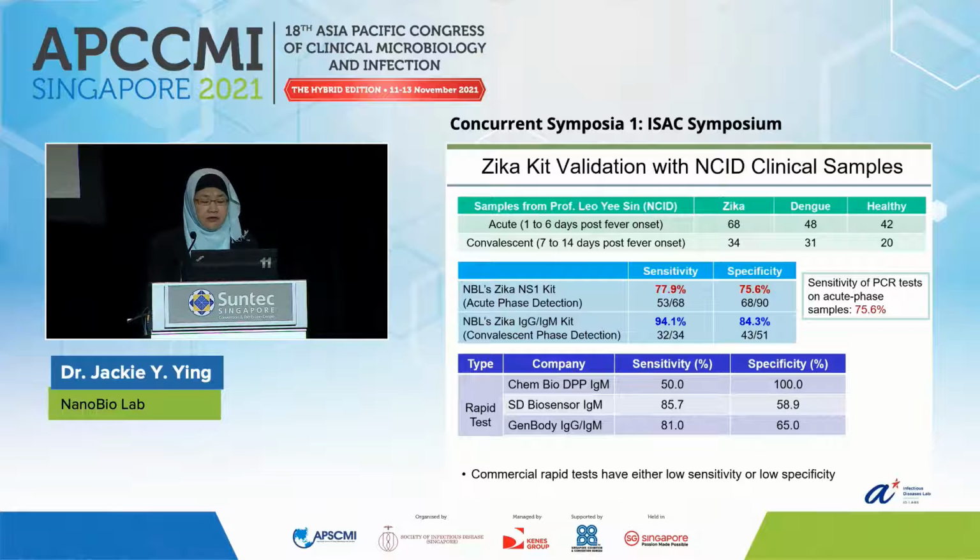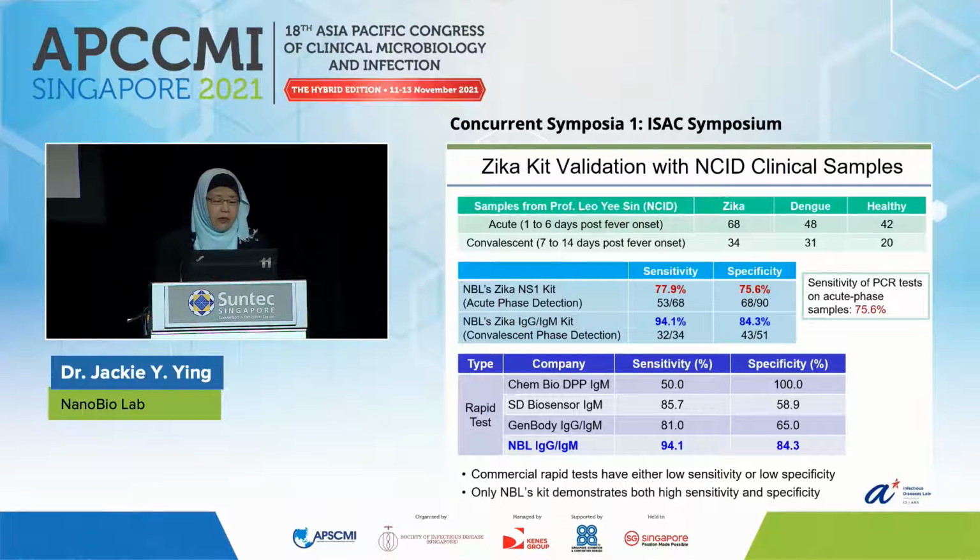So what happens is a lot of the technologies that has been developed give rise to issues with sensitivity and specificity. On the market, there's only a few assays that's for Zika testing. And what we see is that they have either low sensitivity or low specificity. What we are able to achieve will give you a much better combination of sensitivity and specificity for Zika.